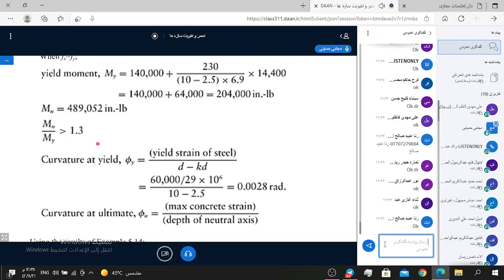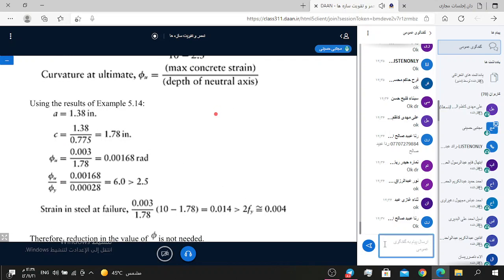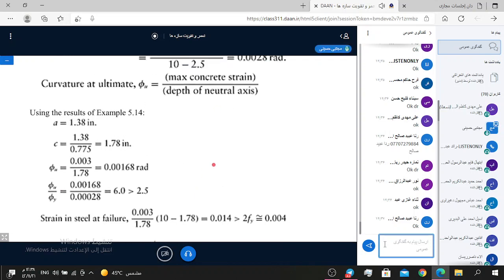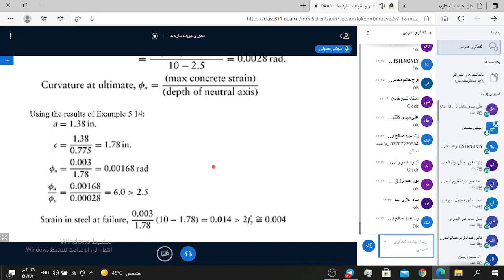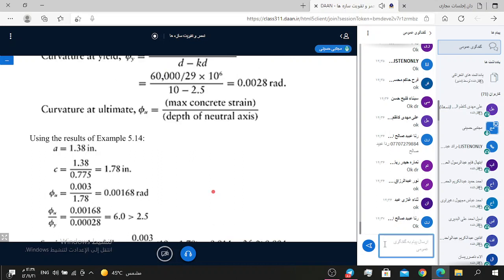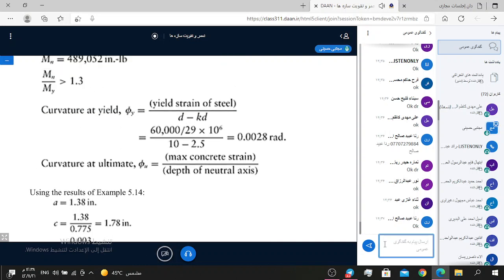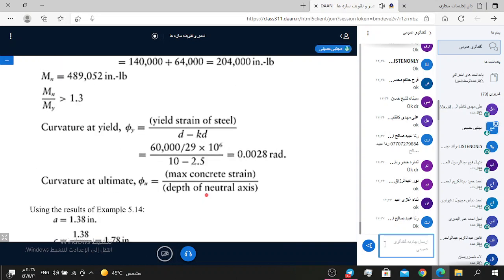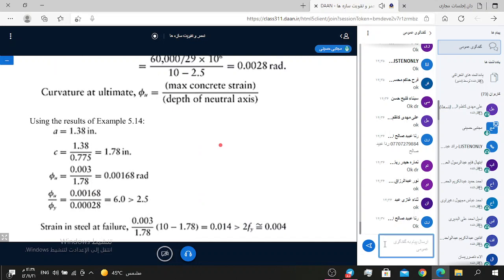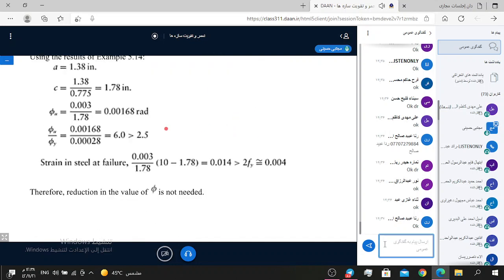By the ratio of ultimate curvature to yield curvature, you can obtain the ductility ratio. Ductility here is about 6, and it is more than 2.5. It is very good ductility for a beam.